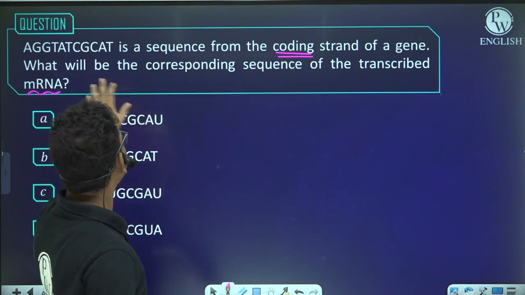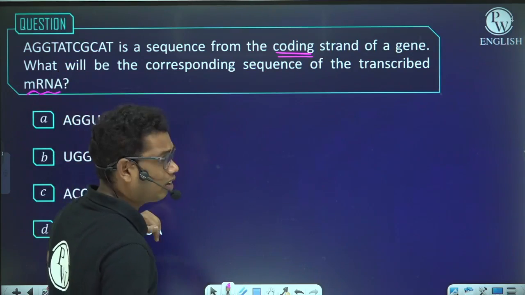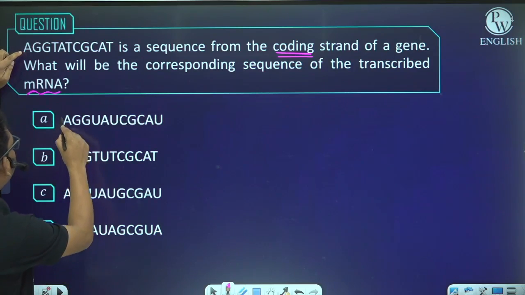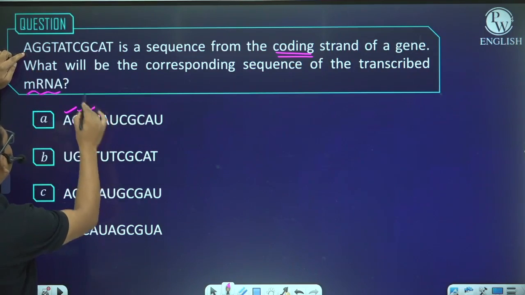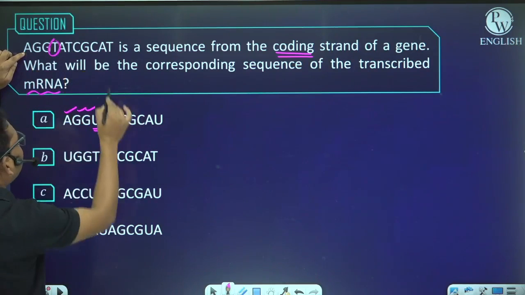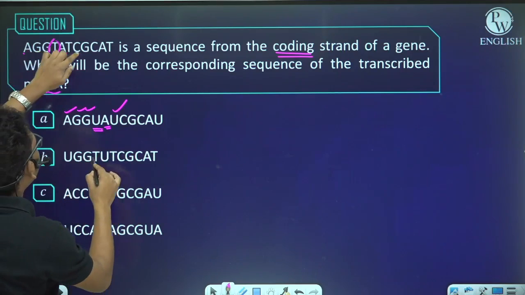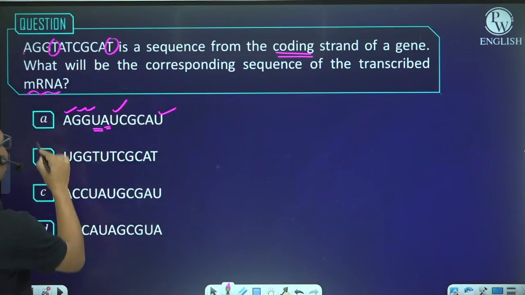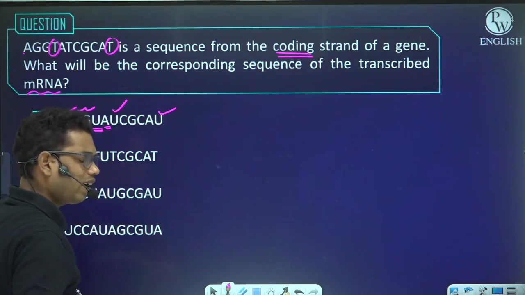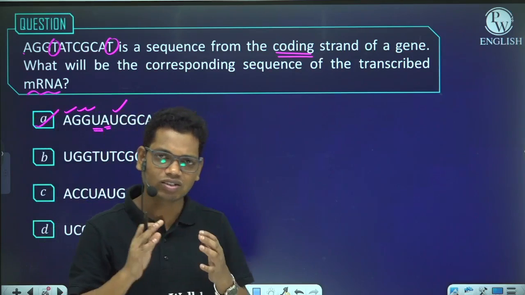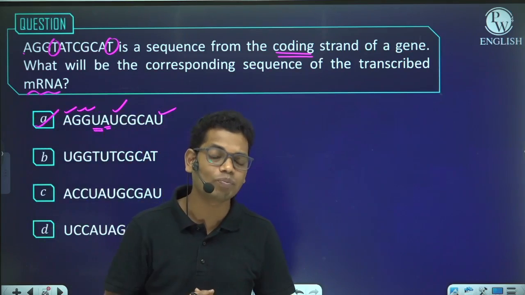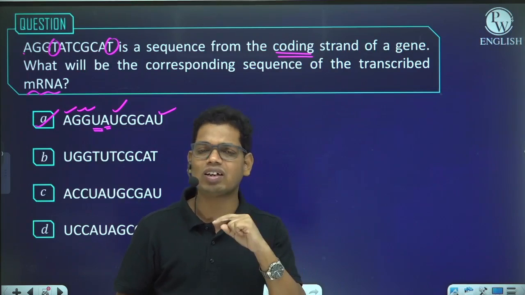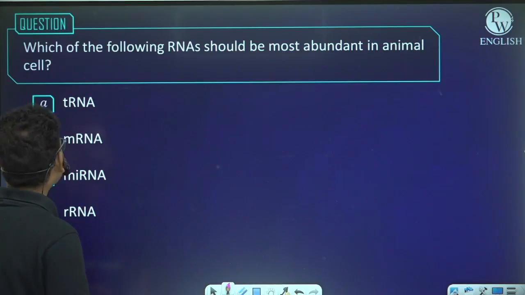So here A, here also A; here GG, here also GG; here T is present, so here U will be present; here AT, so A and U; here CA, and here T is present, so it will be U. The key to answer such questions is that the nucleotide sequence of the coding strand and of the mRNA is similar, except that DNA has T where RNA has U. Okay. Next.